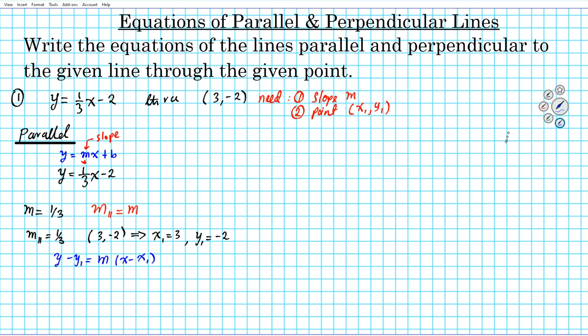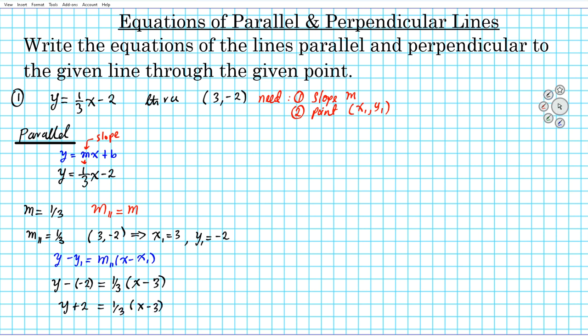All right, so let's go ahead and substitute the components. So we have y minus y1, y1 is -2, is equal to m parallel, slope of the parallel line, which is 1/3. It's the same as the original slope, times x minus x1, which is 3. Simplify the left side a little bit. Combining these two signs, we're going to have y plus 2 is equal to 1/3 times x minus 3.